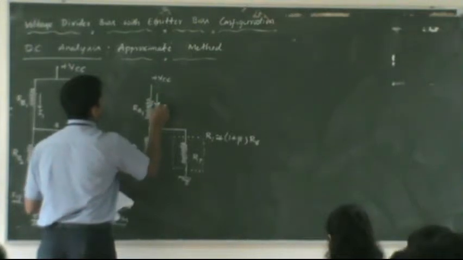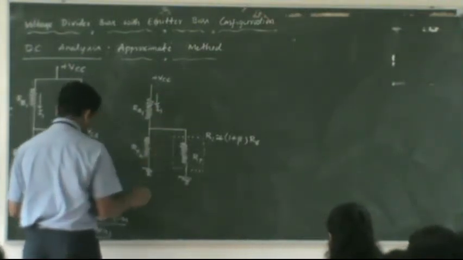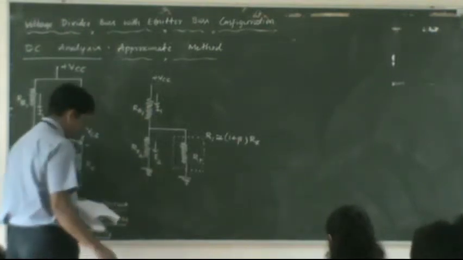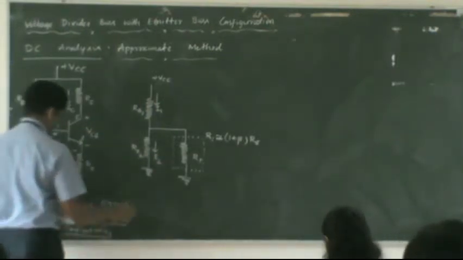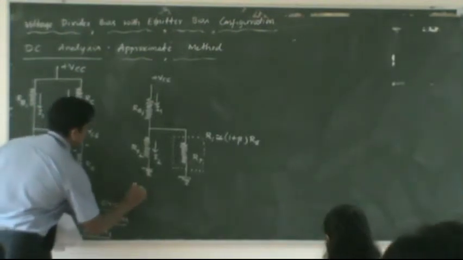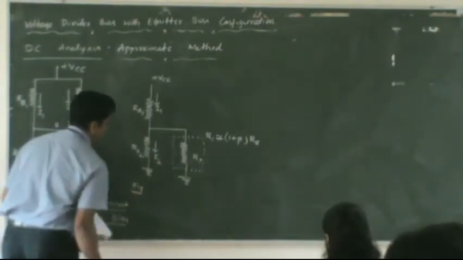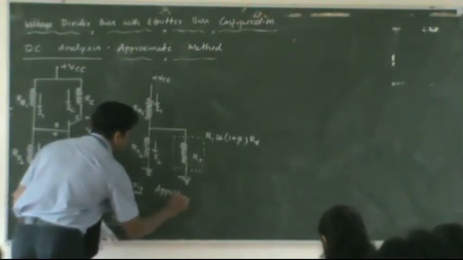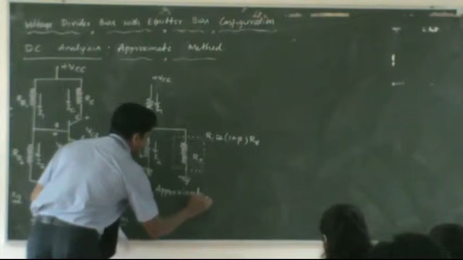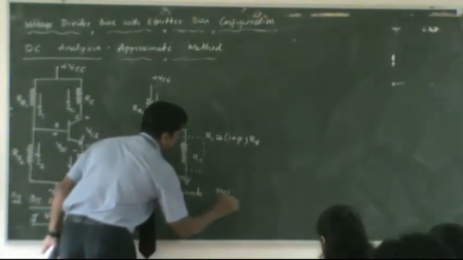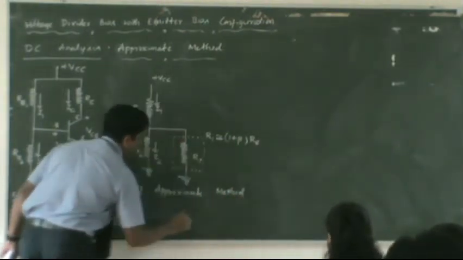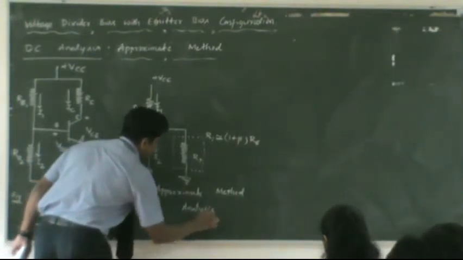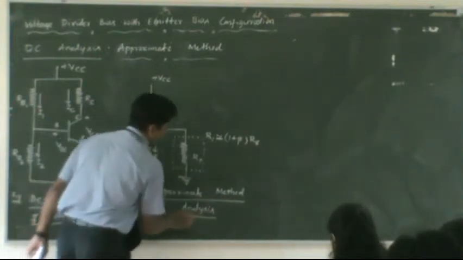Whatever current flows in RB1 we label as I1, and the current flowing in RB2 we label as I2. For this, we can give the figure caption: approximate method of analysis of voltage divider bias.